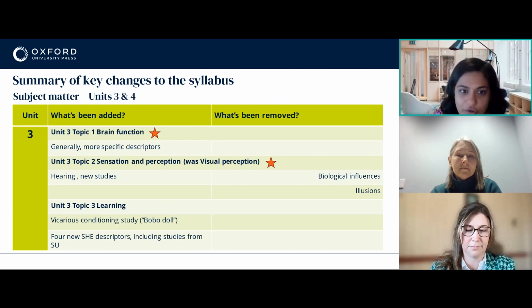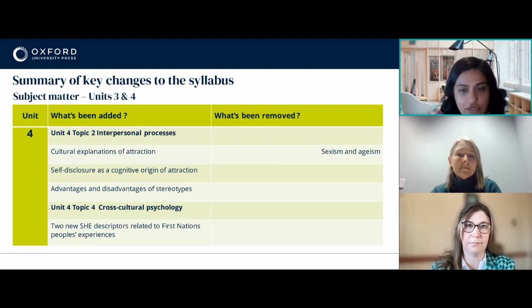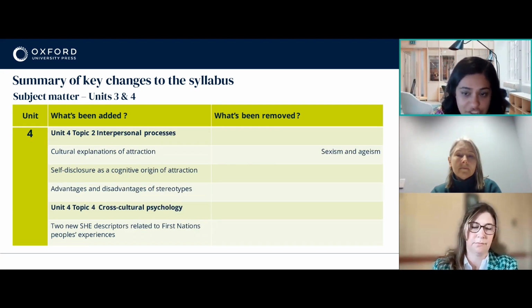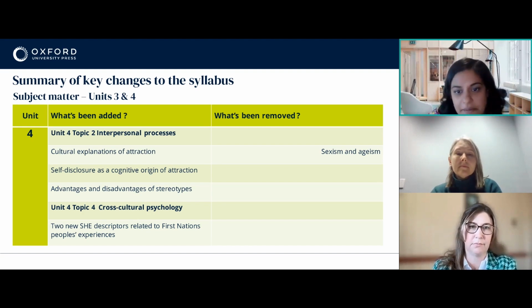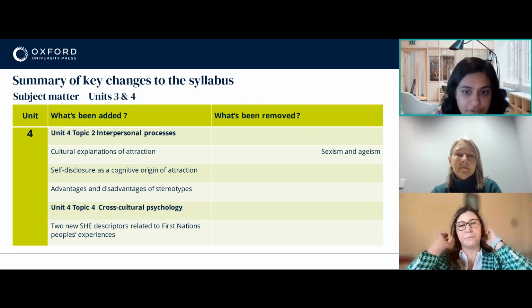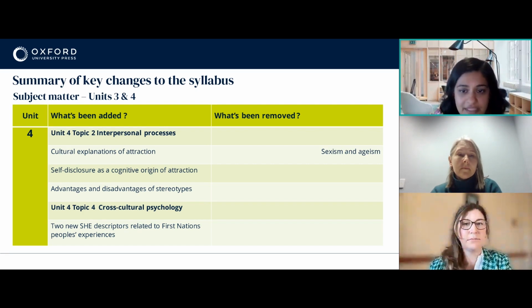For Unit 4, again, there's not a huge amount of change, just a few additions in terms of cultural explanations of attraction, which makes sense. And origin of attraction includes self-disclosure and looking at stereotypes, not just from a negative point of view, and adding the advantages of stereotyping as well.